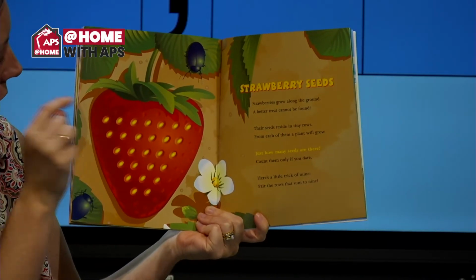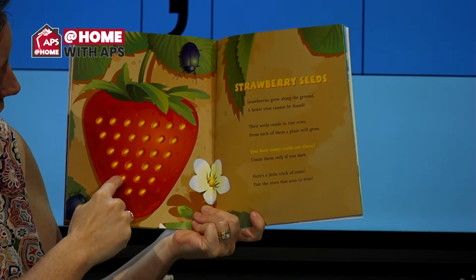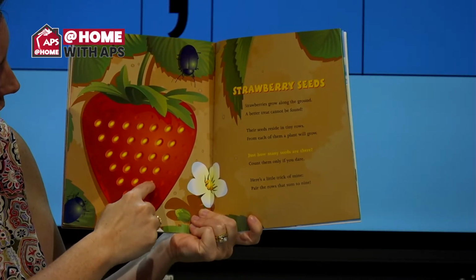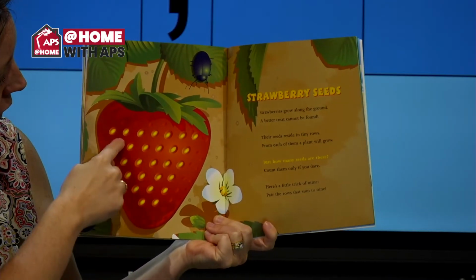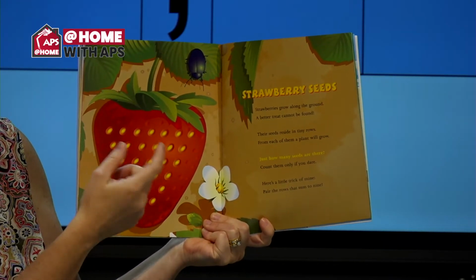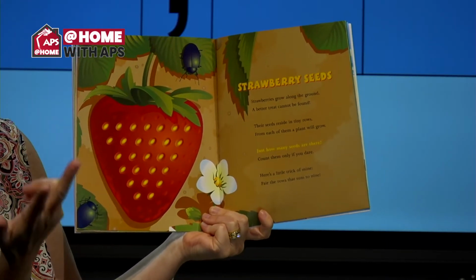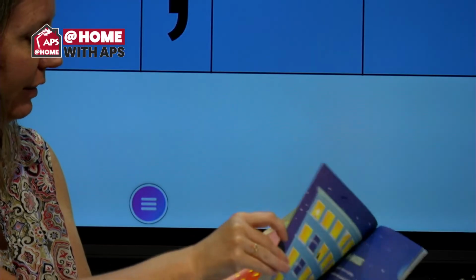I double check. Let me double check. 1, 2, 3, 4, 5, 6. And then I pair it with a 3. 1, 2, 3. 6 and 3 make 9. So I have 1 grouping of 9, 2 grouping of 9, 3 grouping of 9. So 3, 9, 18, 27. All right, there's 27 seeds.